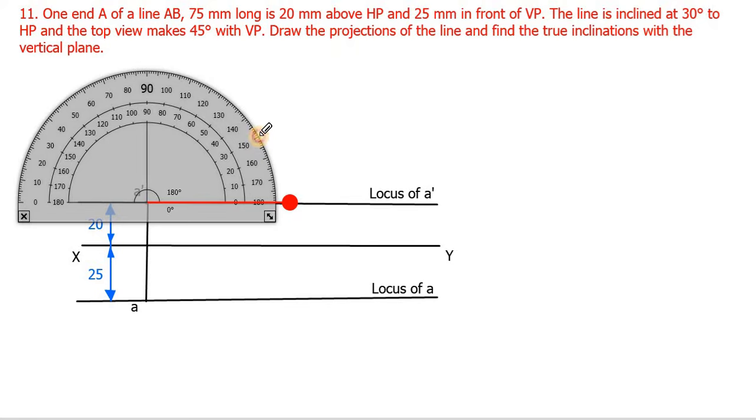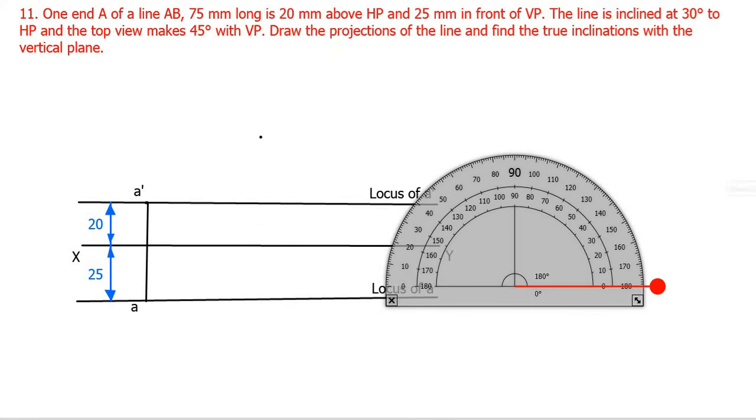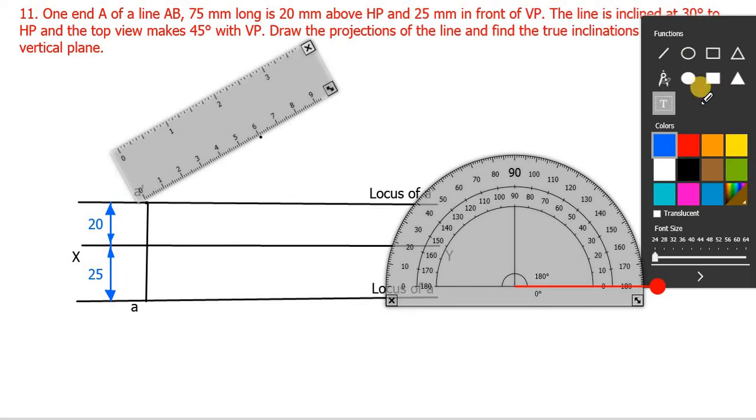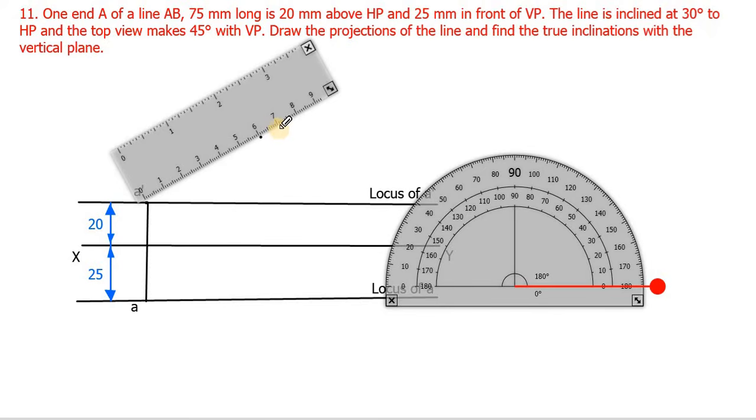It will be somewhere here. Take the scale. From A dash, draw a slanting line for the angle 30 degree which is already marked. The length should be 75, so from here you have to draw the straight line. 75, it will be here. We can draw like this.